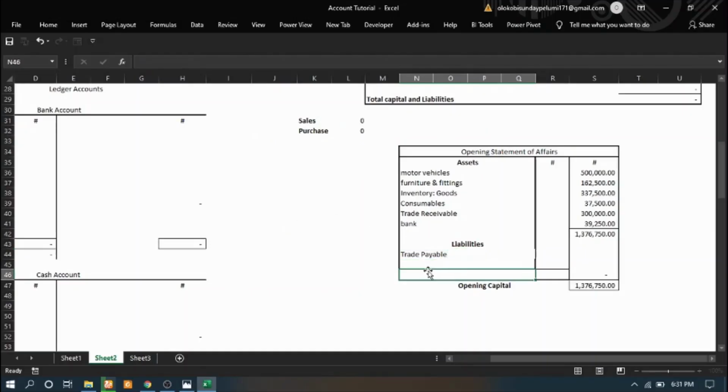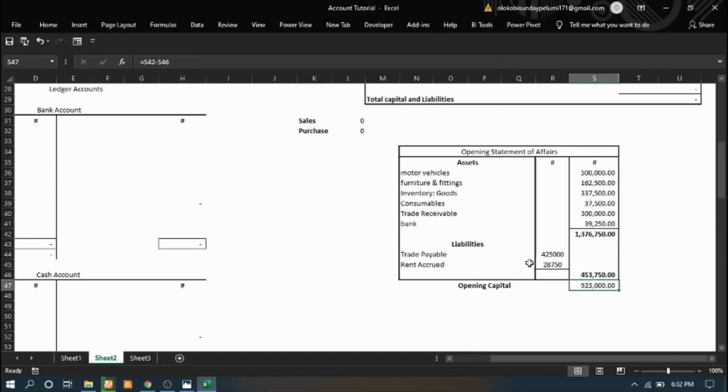So we have trade payables 425,000 and rent accrued 28,750. Alright, so our opening capital is calculated as this. It has been calculated.